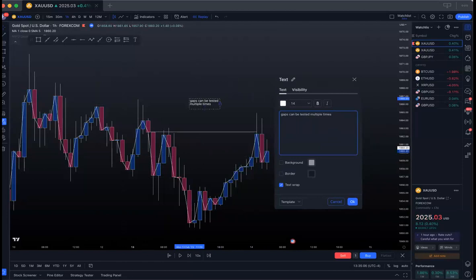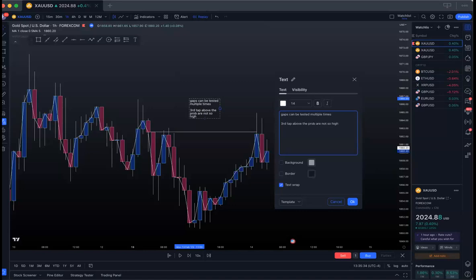In this way of doing things, you're taking the entry at the second test, right? Once you go to the third or fourth, let's just keep it at third, once you go for third tap and above, the probabilities are not so high.